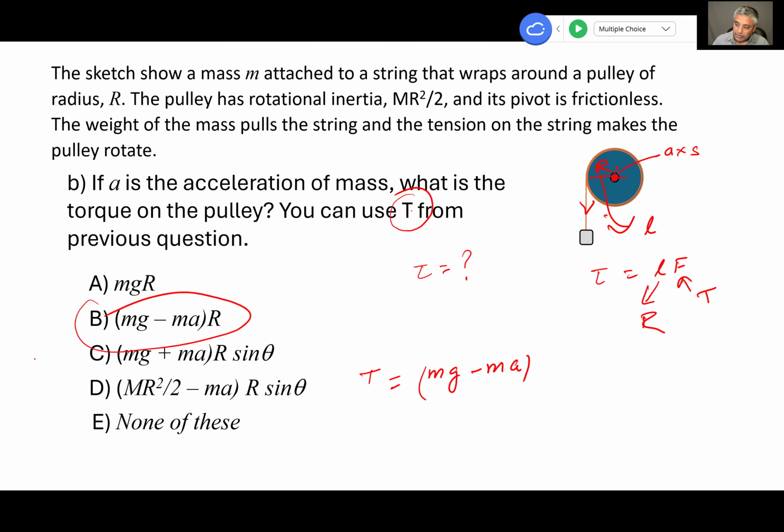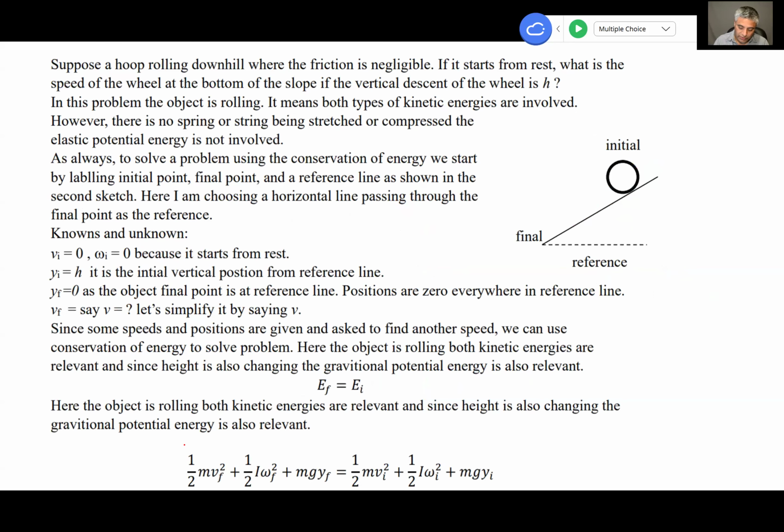And we talked about conservation of energy, which is the same as the linear case. The only new thing is this quantity, rotational kinetic energy, right?